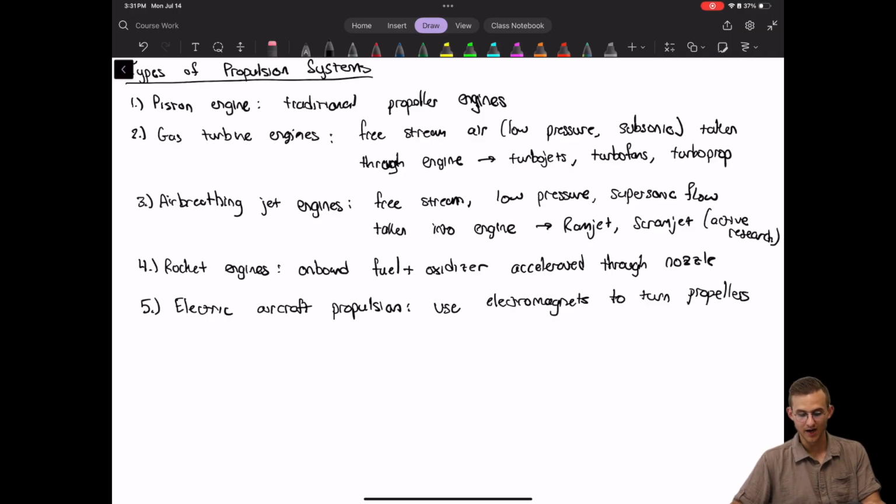Your typical hobbyist drones would use this propulsion, but it's not super useful for transporting humans and/or weapon payloads.